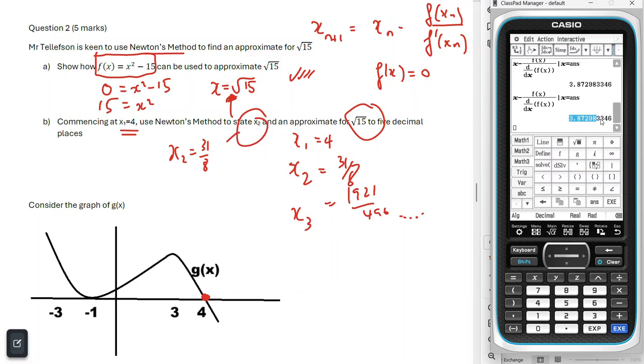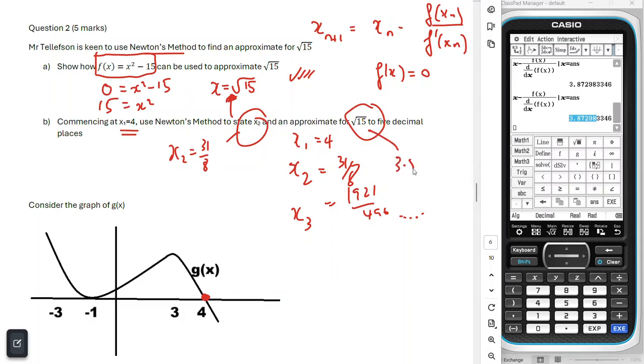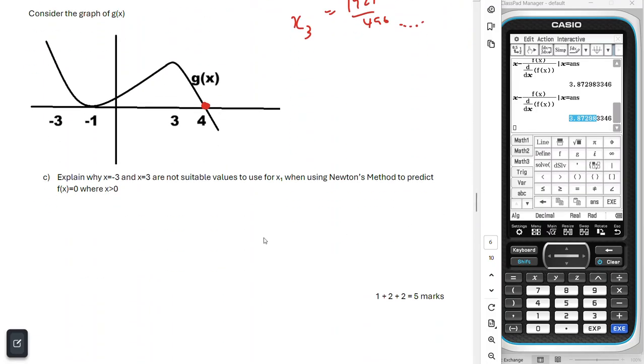The 3 here won't make that 8 become a 9. So 3.87298 is the approximation.